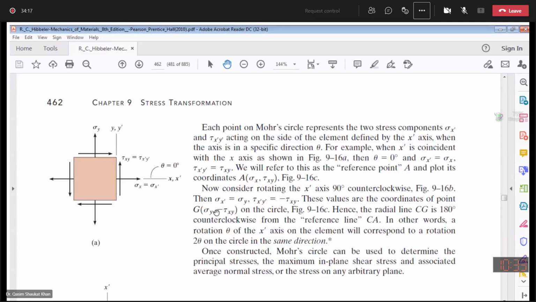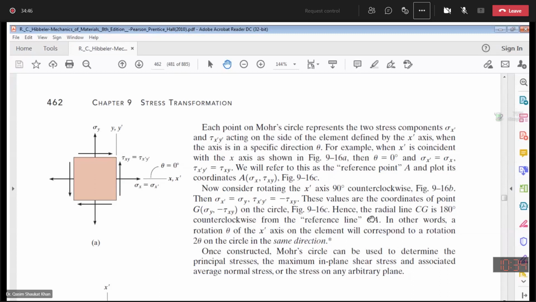These are the coordinates of point G on the Mohr circle. When you are given the element, you can simply mark these points: reference point A sigma x tau xy, G sigma y minus tau xy. And then the radial line CG is 180 degrees counterclockwise from the reference line CA.